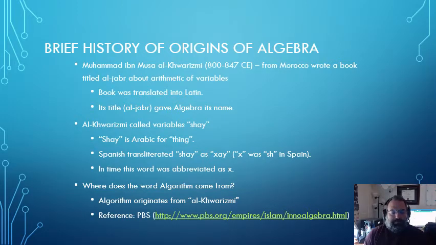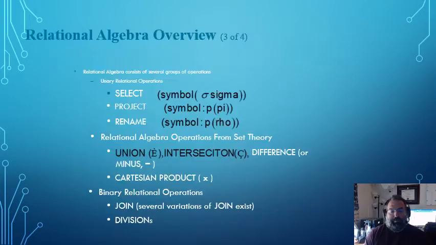The Spanish translation of shay was exe, and at this time, this word was abbreviated as X, which is where you get your X from. Where does the word algorithm come from? Algorithm comes from al-Khwarizmi, and this is a reference to the history of algebra.